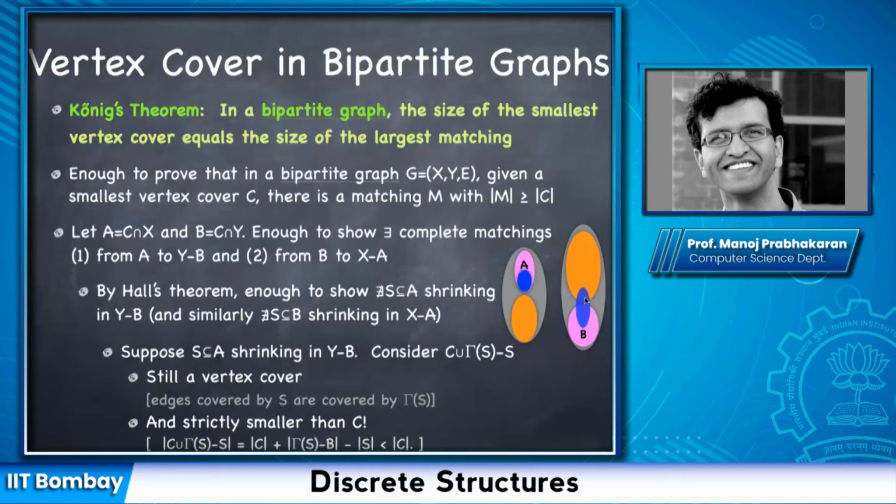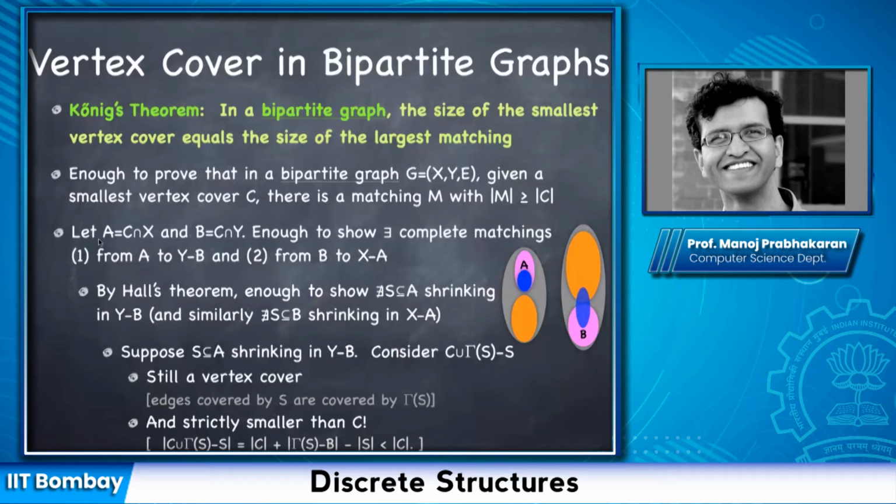So the size of the new vertex set is the original vertex cover minus the size of S plus only the size of gamma S intersection Y difference B. And since S is shrinking in Y difference B, this is strictly smaller than the size of S. So I have strictly decreased the size of this new vertex cover that I created.